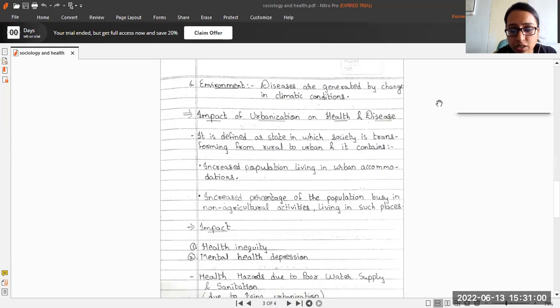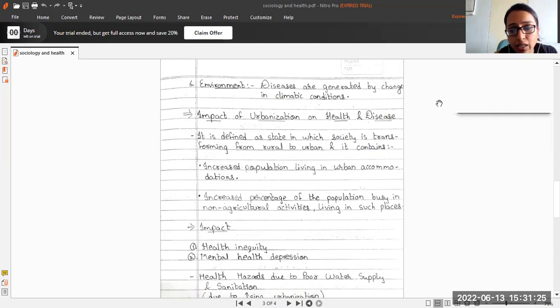Impact of urbanization on health and diseases. Now, what is the effect of urbanization on health and disease? It is defined as a state in which society is transforming from rural to urban, containing an increased population living in urban accommodations, and an increased percentage of the population busy in non-agricultural activities living in such places.